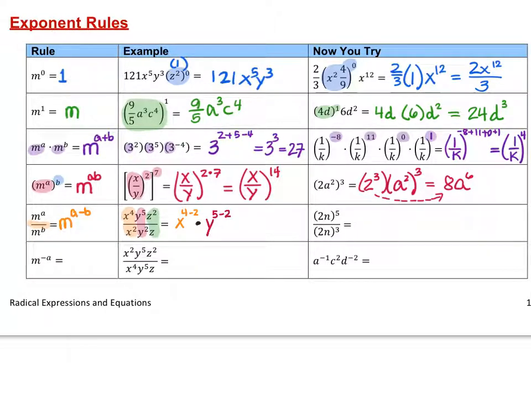And then last of all, that's going to be multiplied by z raised to the 2 minus, and remember, if we don't see the exponent, we have an exponent of 1 there. So our final answer for this one is going to be x squared times y cubed times z raised to the 1st power, so we don't write that exponent.